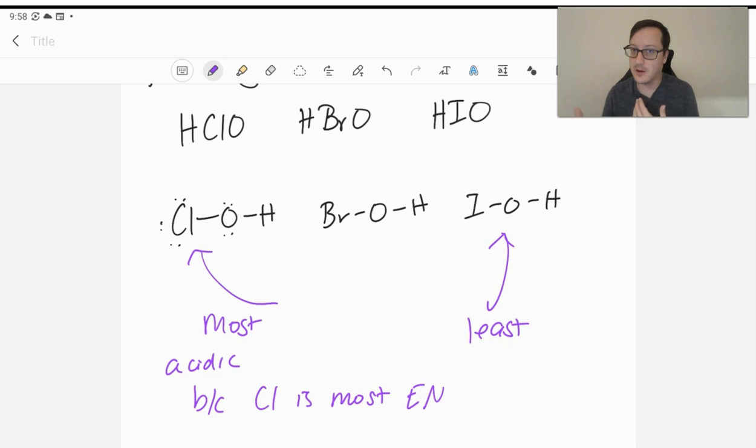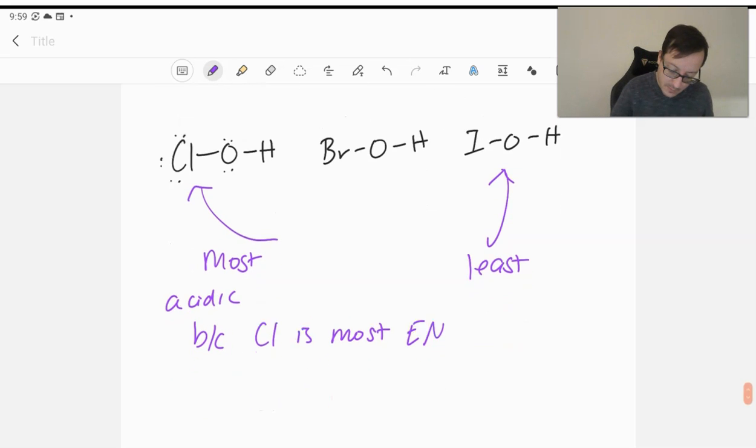Even though it's not as strong as oxygen, it's stronger than bromine or iodine. And as a result, it can pull those electrons a little bit more, which weakens the OH bond. So as the OH bond gets weaker, it's easier to remove, and therefore it's more acidic. So for oxyacids, for the same oxidation state, we're looking at electronegativity.